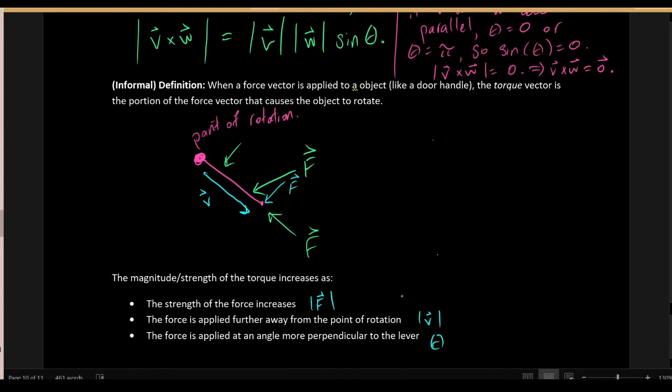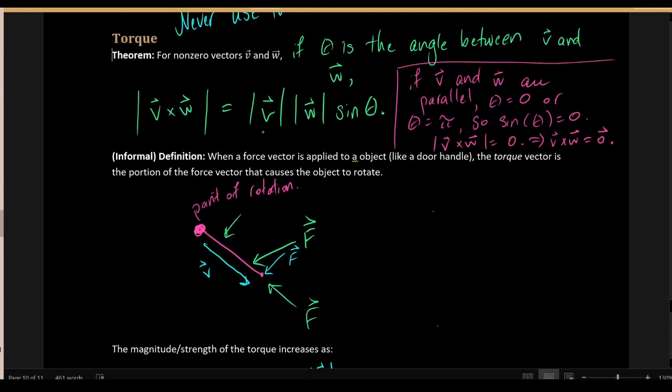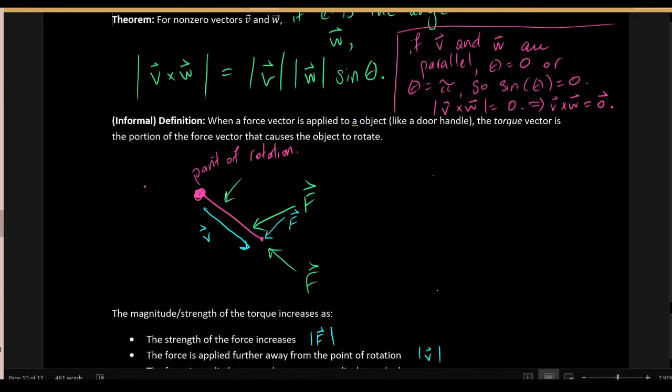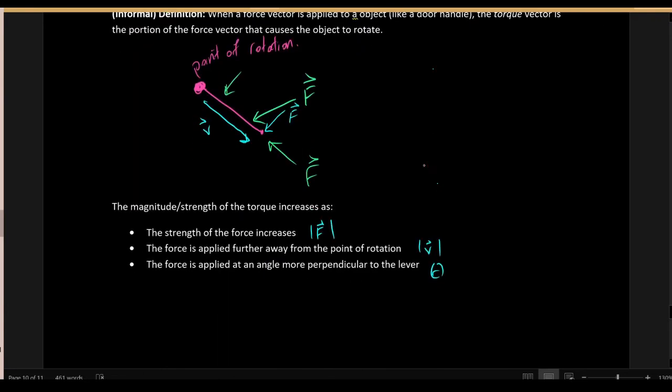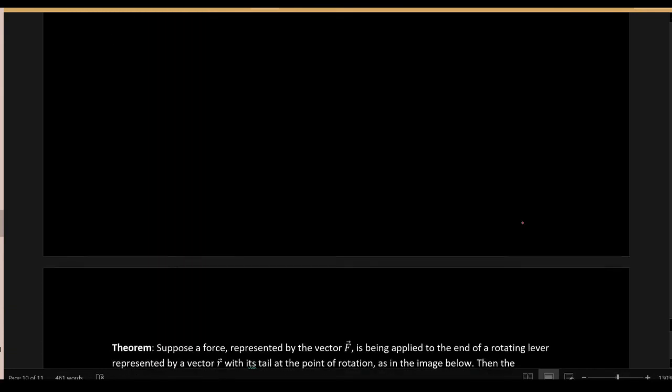So which formula just so happens to contain all of those different pieces? It's the formula given above. And this turns out to be the formula for the calculation of the magnitude of torque. How much of your force vector is causing a rotation in the object?